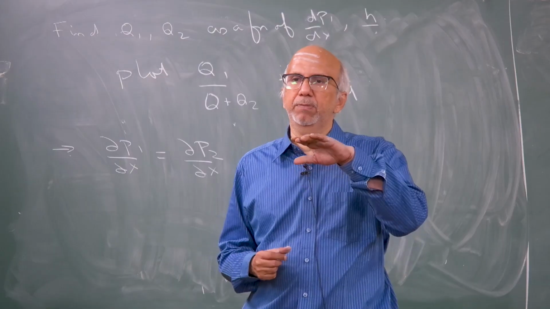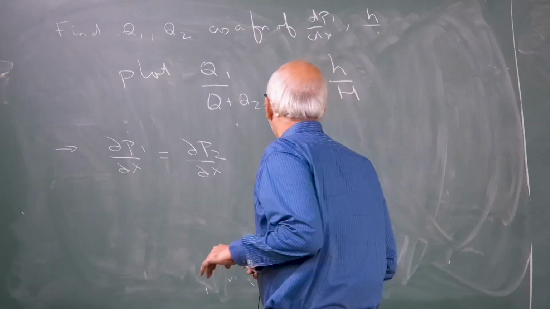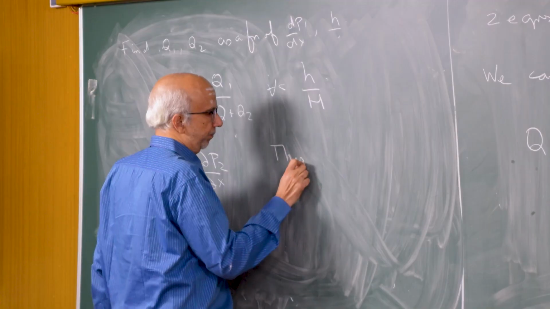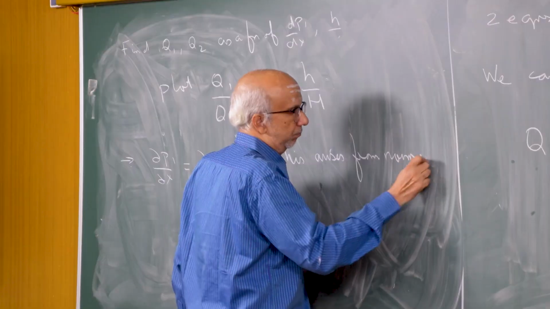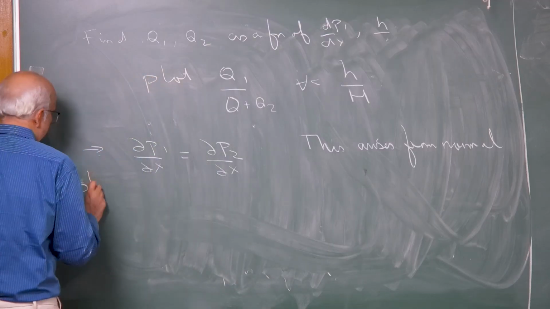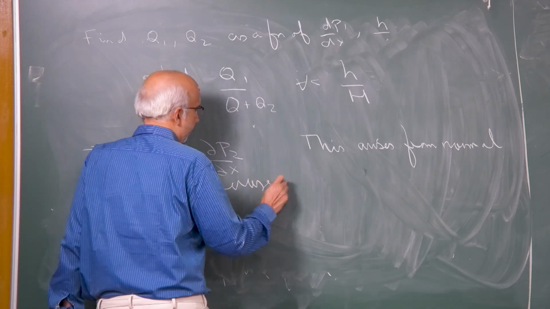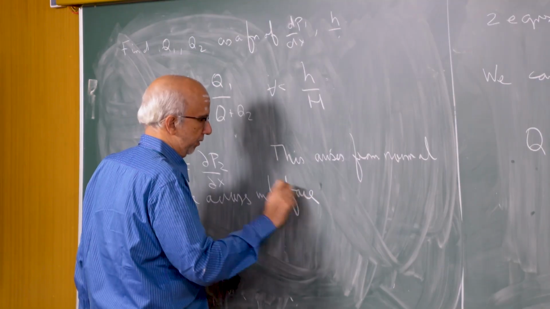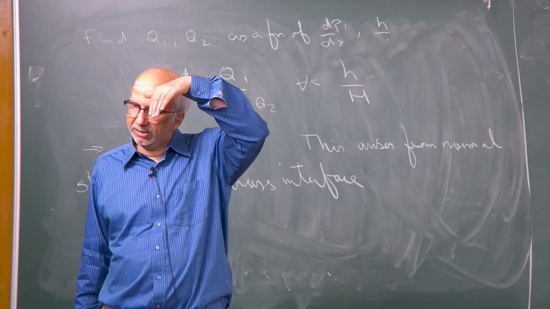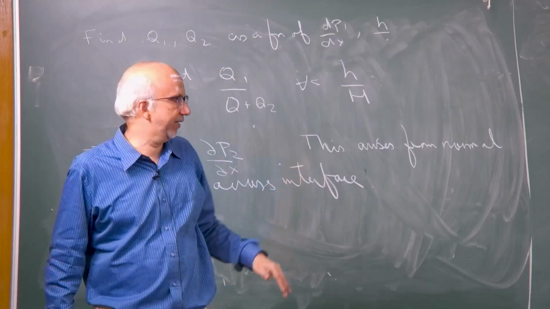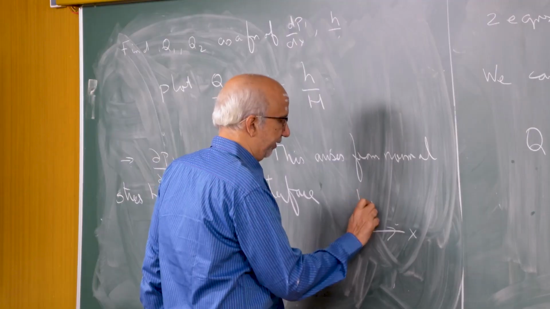You come to that conclusion by doing what is called the normal stress balance across the interface. Normal stress means which is perpendicular to the interface. So, I am going to do a stress balance in the y direction, because my interface is in the x direction. So, this is my x, the interface, and this is y.